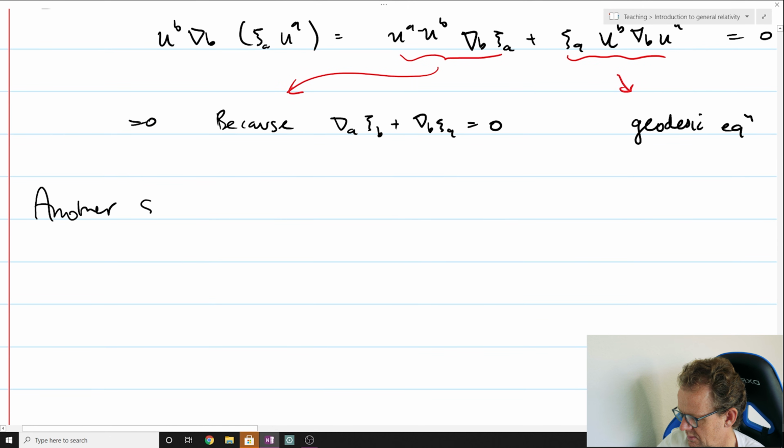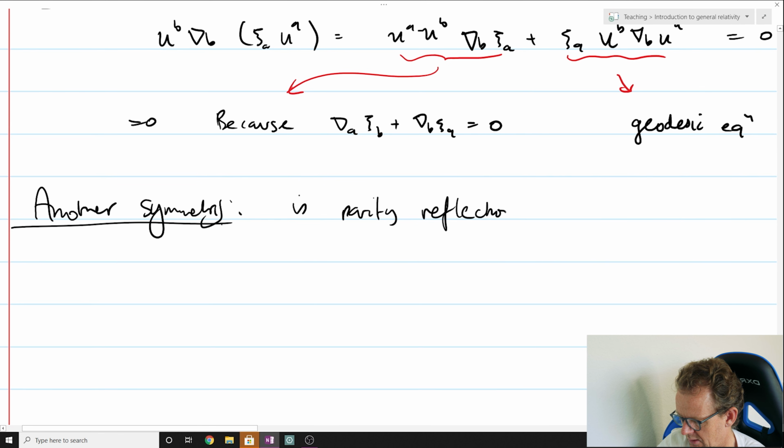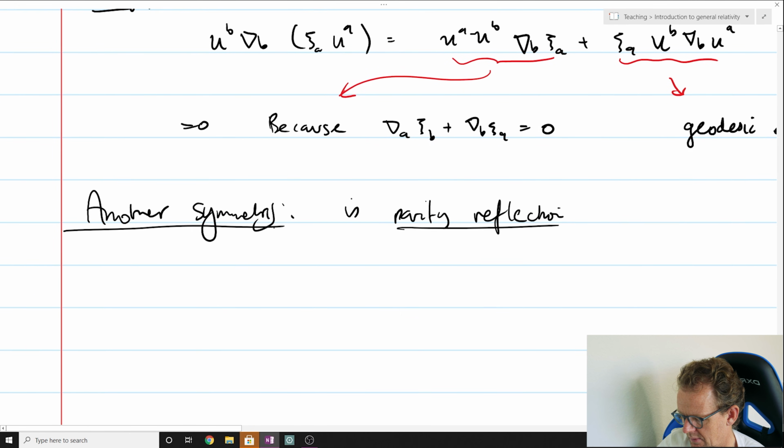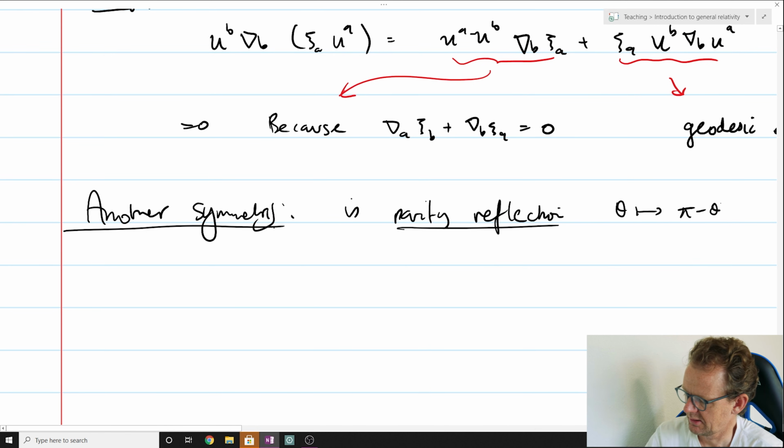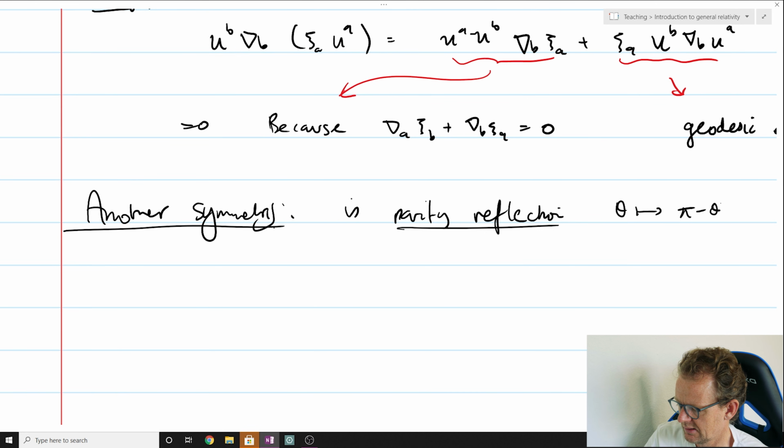Another symmetry, which I've already alluded to, is parity reflection, also rotation invariance, where you can send θ to π minus θ, and that'll be handy because it allows us to rotate a solution initially in some non-equatorial plane into the equatorial plane.